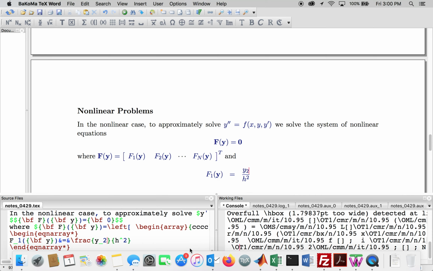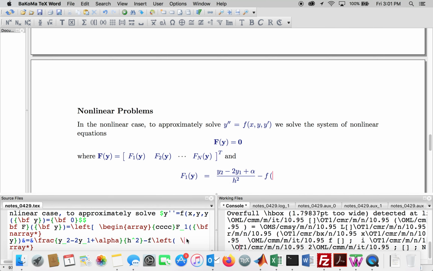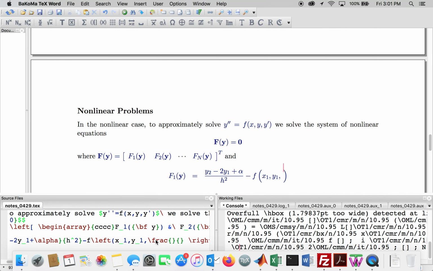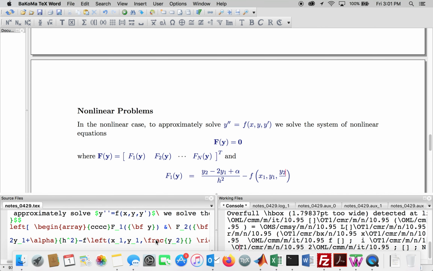So we have the centered difference for the second derivative, and because this is the first equation, y1 is our first interior grid point. We use points to the right and the left. But to the left is the boundary point, x equals a, and at that point the solution is equal to alpha. So you can think of this as y0, but we know what that is from the boundary conditions. Minus f evaluated at x1, y1, and then we're approximating y1 prime by also a centered difference.